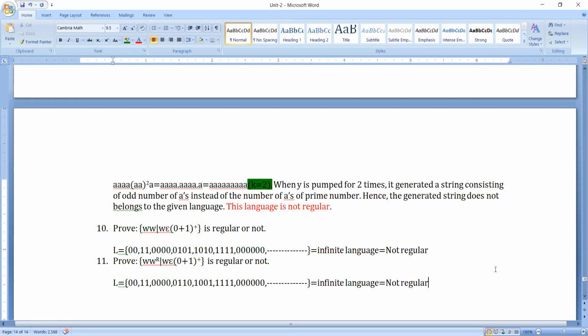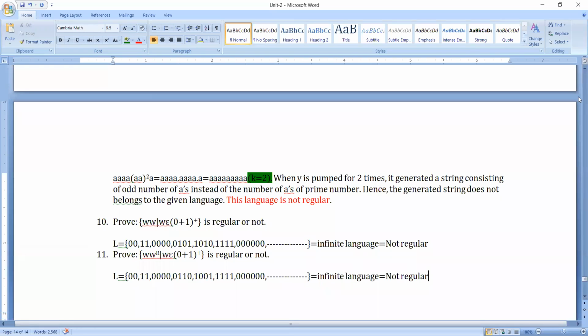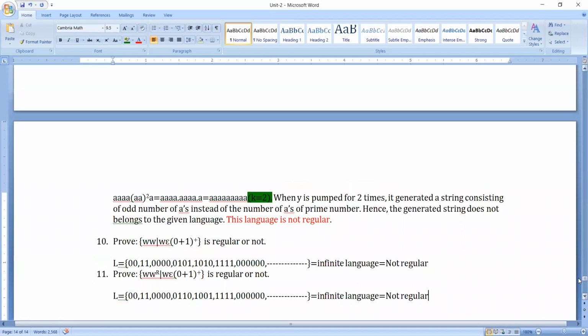I will discuss the hierarchy of languages and automata, and the grammars that each automata accepts, in the next class. This is how we prove that this language is also not regular.